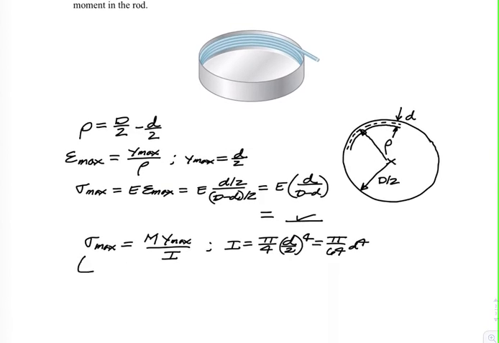From this equation, we can solve for the bending moment in that rod, so that's going to be sigma max times I divided by y max.